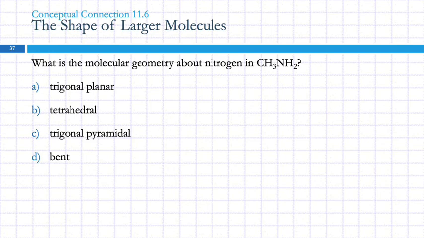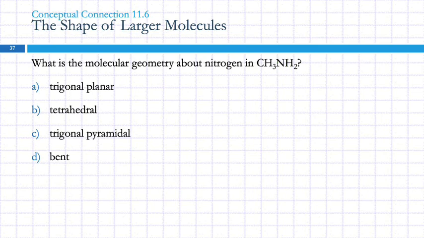What's the molecular geometry about nitrogen in CH3NH2? So these are organic compounds, lots of carbons and hydrogens, and so typically how we show these formulas to hint at the structure, CH3, these H's are after the C because they're on the C, and these H's are separate because they're on the nitrogen.